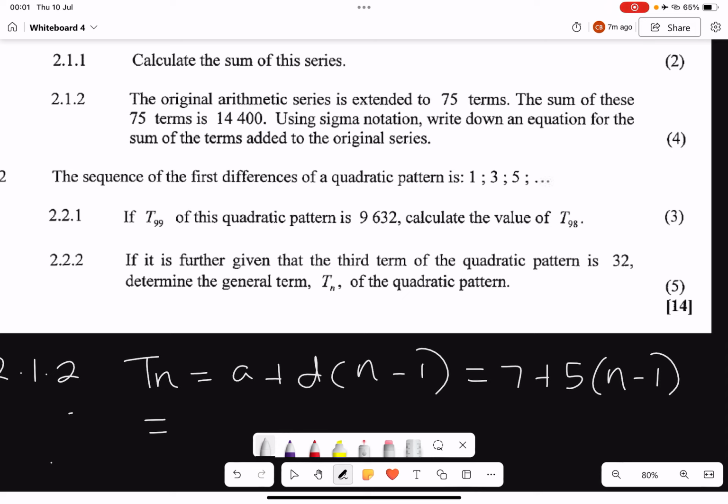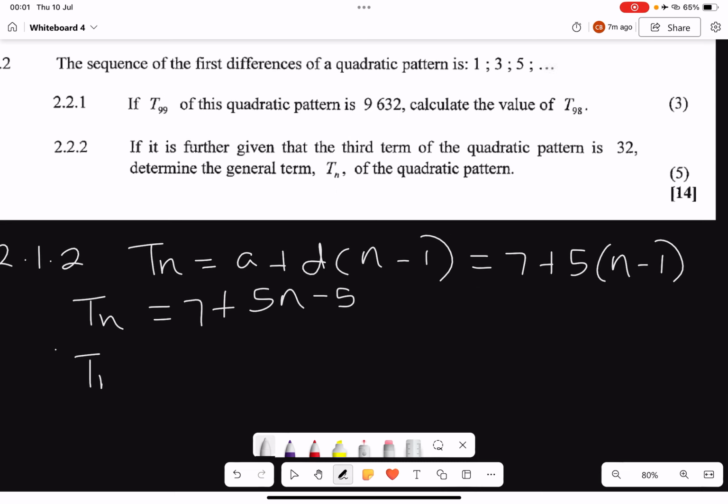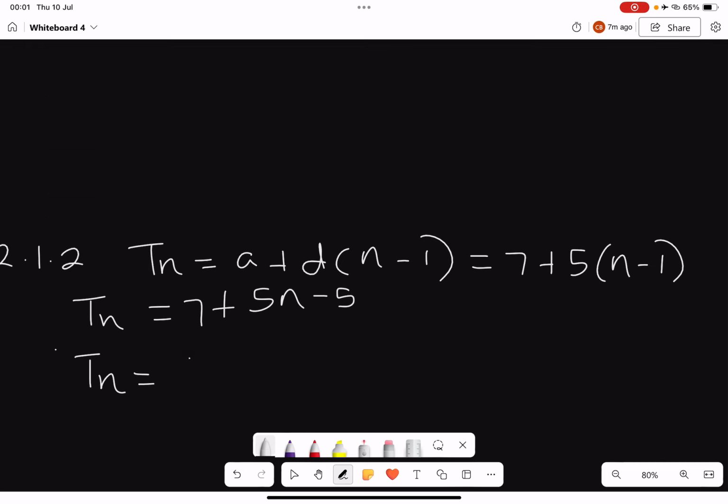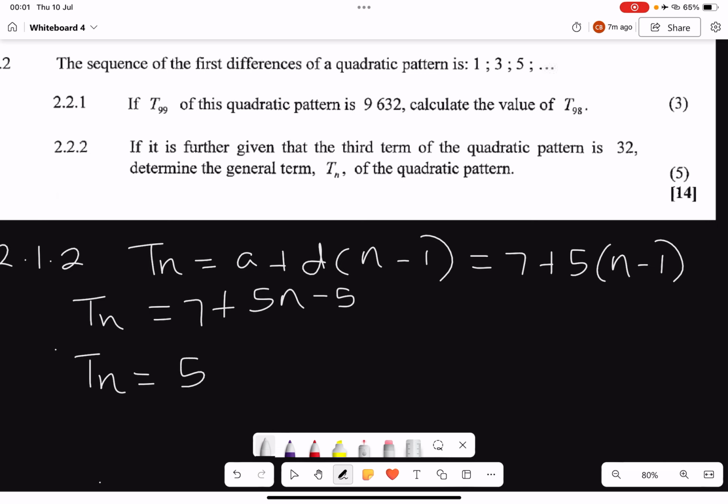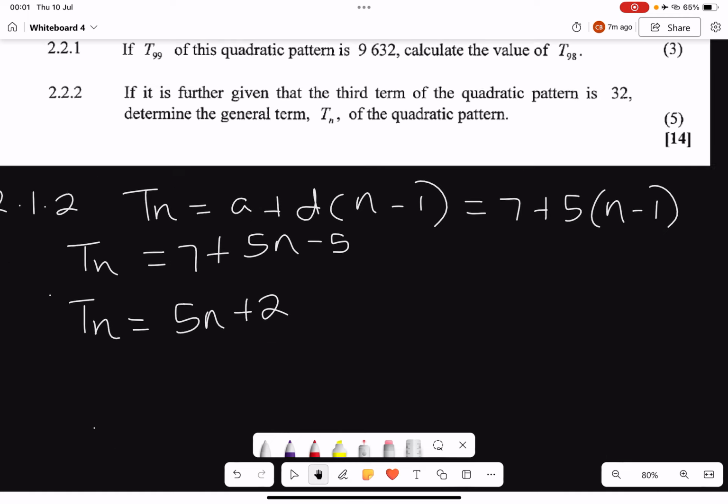Expanding the 5 gives us Tn equals 7 plus 5n minus 5, which simplifies to 5n plus 2. All right. And then we are told that the total sum of 75 terms is 14,400.